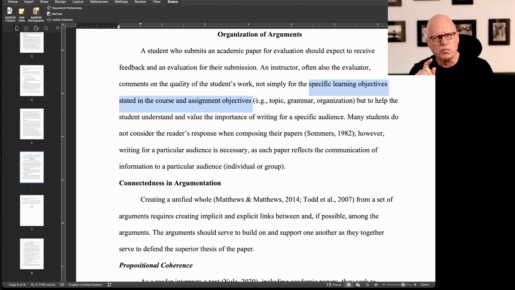But the real purpose of this feedback is to help the student to understand how to write well for a particular audience.